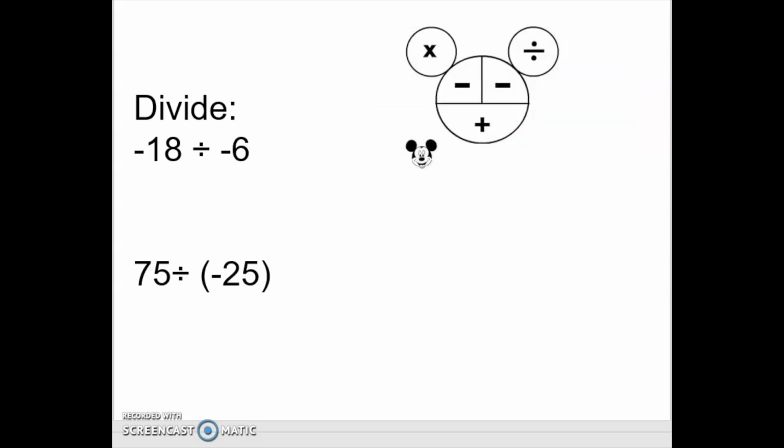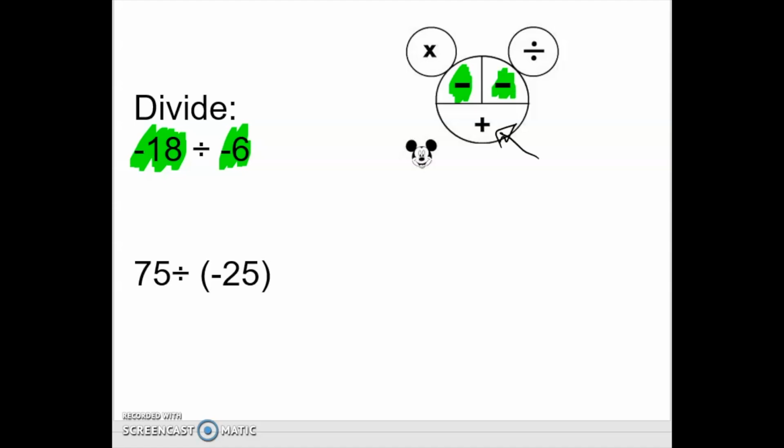Just like we practiced with multiplication, we're going to look at our problem and cover up what we see. We see a negative 18, so we cover up a negative in our Mickey Mouse. We see a negative 6, so we cover up a negative in our Mickey Mouse. The sign that's left over tells us our answer.